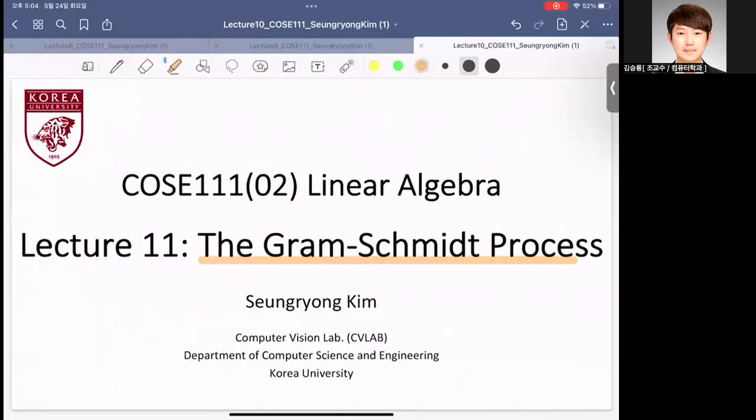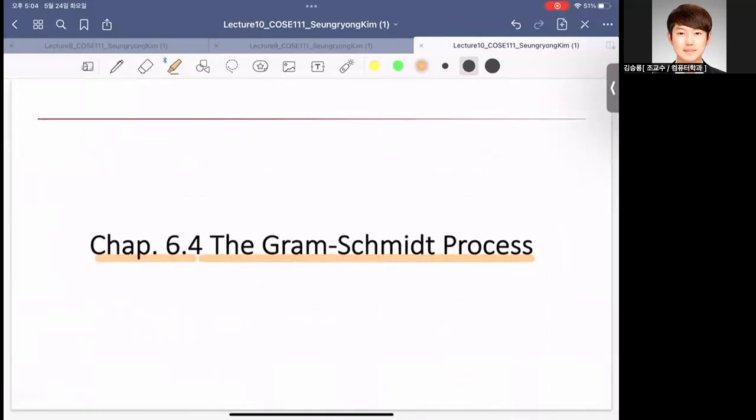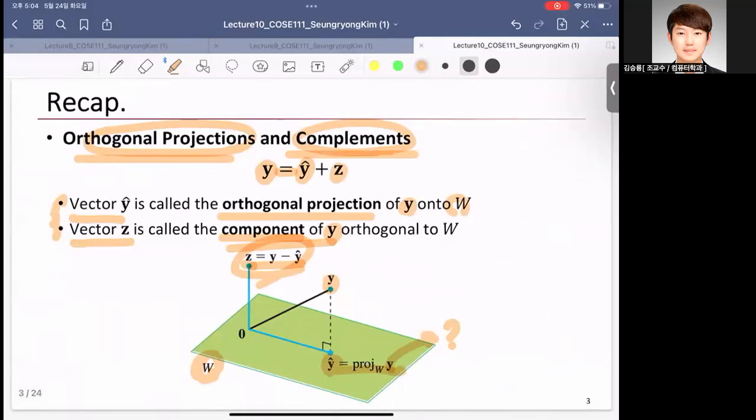And in lecture note 10, we started to discuss the Gram-Schmidt process. It was chapter 6.4. Here we just recap the orthogonal projection and the orthogonal complement, or the component of y orthogonal to W, like this. In this case, y can be decomposed as y hat plus z.